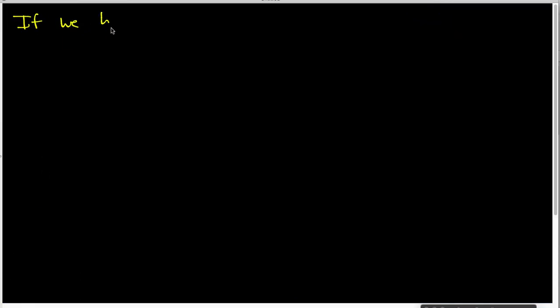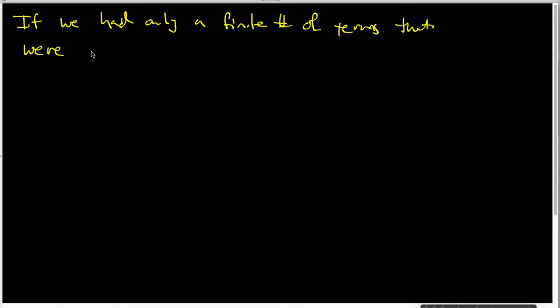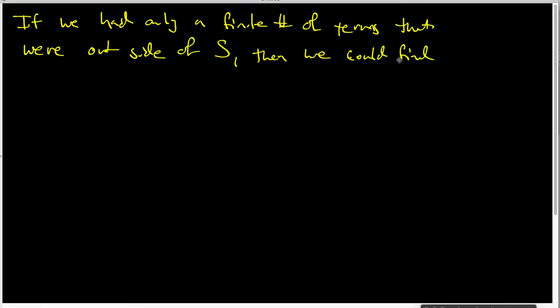If we had only a finite number of terms that were outside of this open interval S, then we could find an N-tail that is a subset of S. And here's how we would do it.